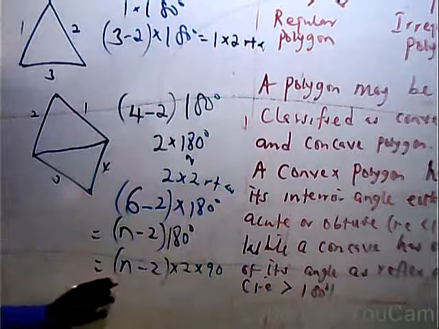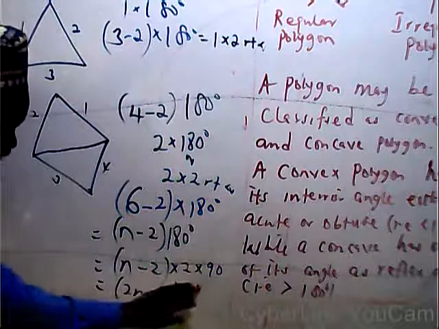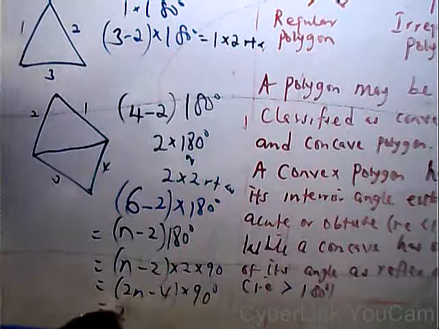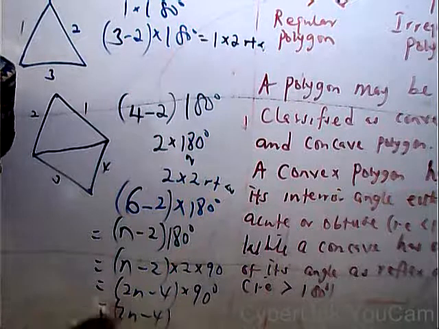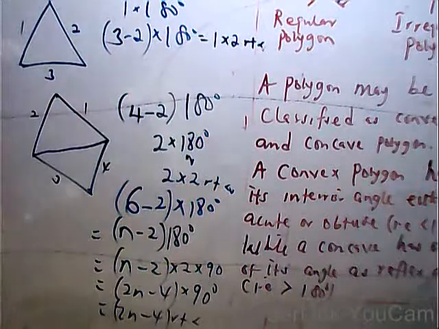We are going to have 2n minus 4 multiplied by 90 degrees, which is 2n minus 4 multiplied by a right angle, which is 90 degrees. Is that clear?